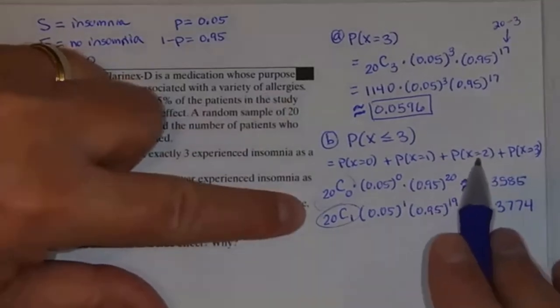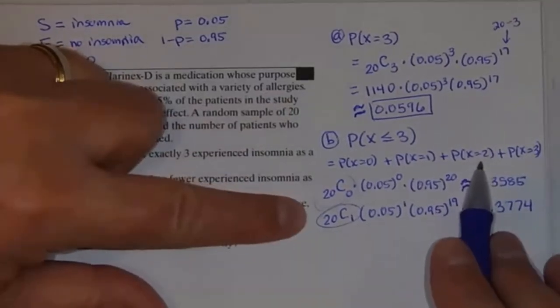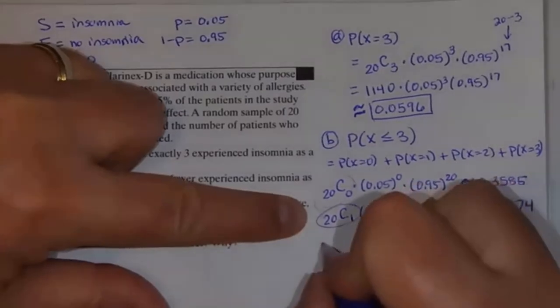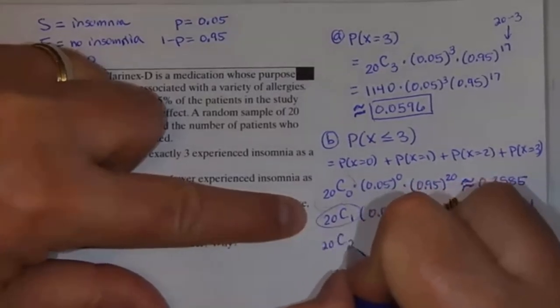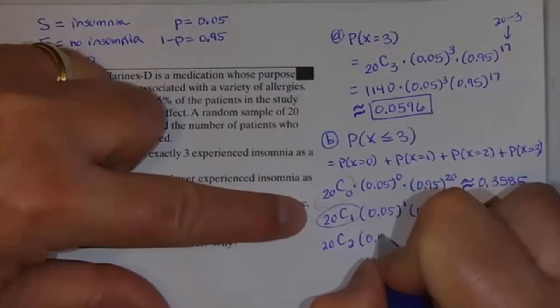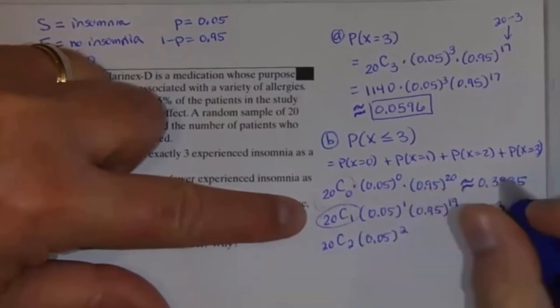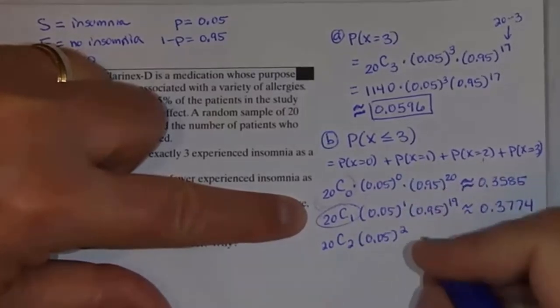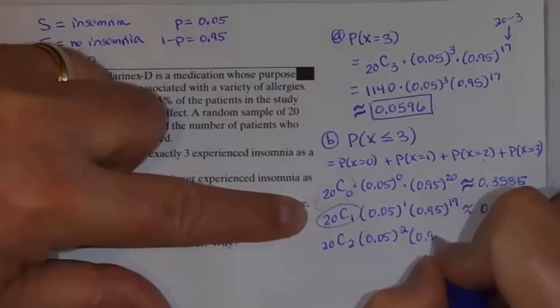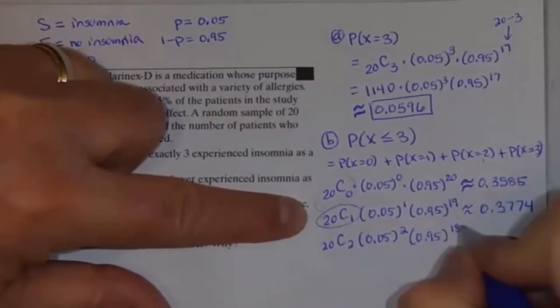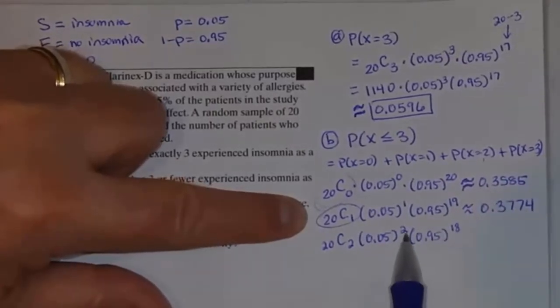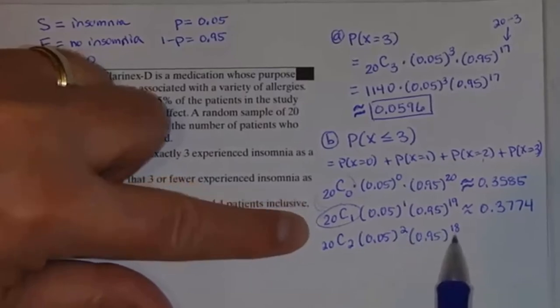The probability of 2 people suffering insomnia would be the combination of 20 choose 2. 0.05 then would be raised to the 2 because there's 2 successes, which means 0.95 would be raised to the 18. If there's 2 successes, then there have to be 18 failures.